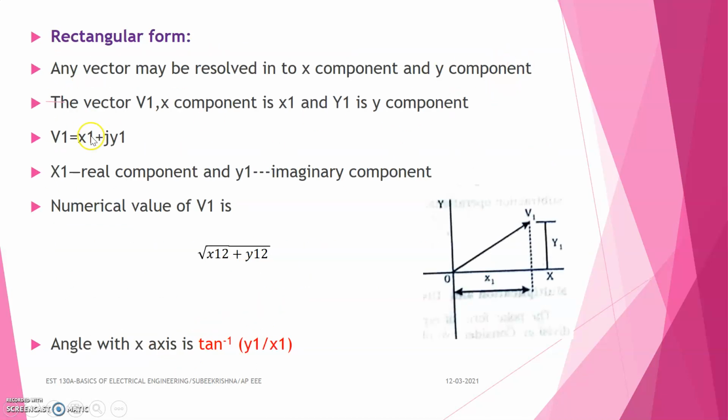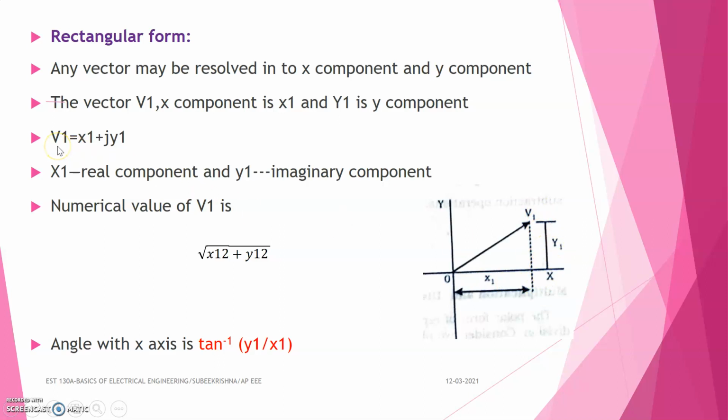The first method of representing the phasor is the rectangular form. In rectangular form, any vector can be resolved into two components. Here a vector v1 is resolved into one component along the x-axis, x1, and another along the y-axis, y1.